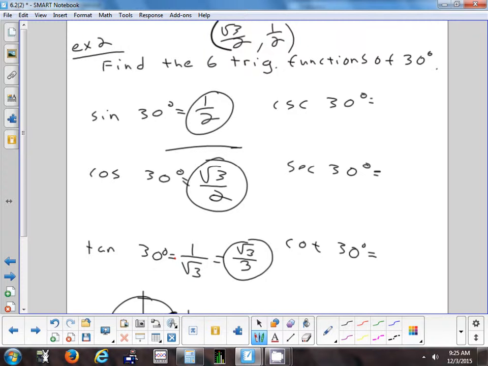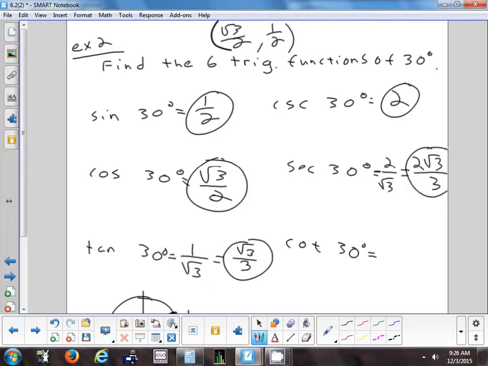Okay, now what are we going to do with all 3 of these to get the next 3? Flip them. Okay. That one's easy, that's 2. This is 2 over square root 3, which would become what? 2 times the square root of 3 over 3. 2 multiplied by the square root of 3 over 3.